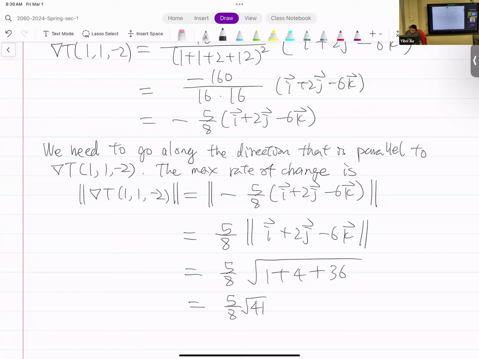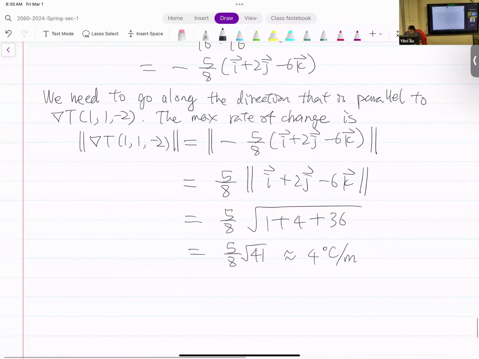And this is the accurate value, right? But if you use a calculator to approximate the square root of 41, this is approximately 6.4. And then we just need to answer that this is in degrees per meter. And that's it.